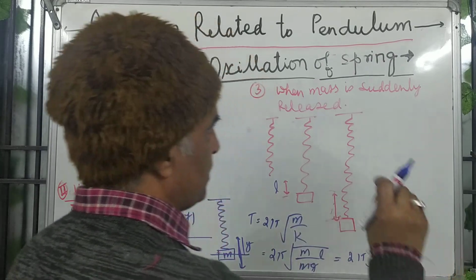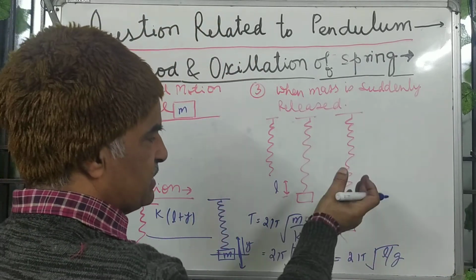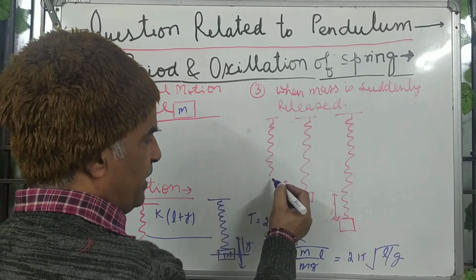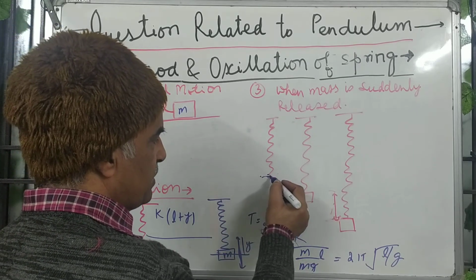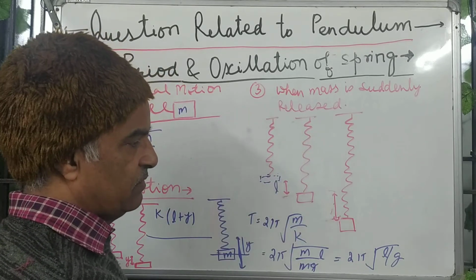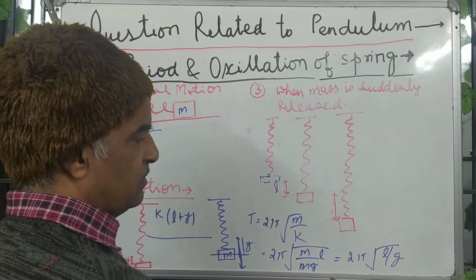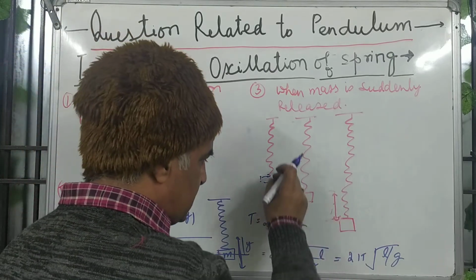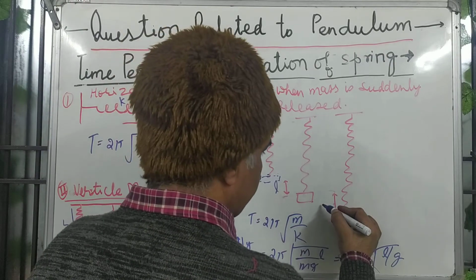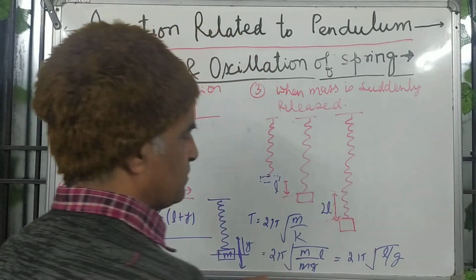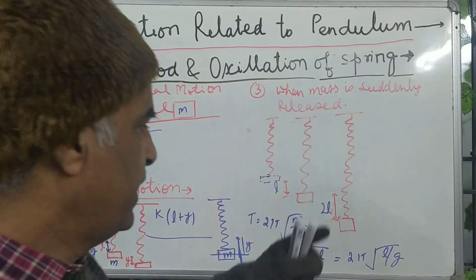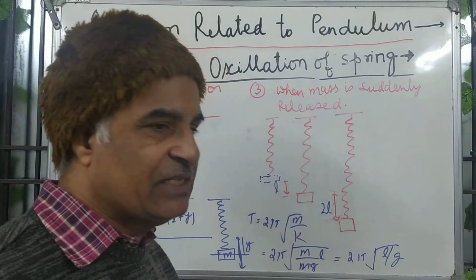But if suddenly the mass is released, this is the spring, and over here you are attaching the mass, and suddenly released. So this mass with a jerk comes downwards. Displacement will be 2L, not L, 2L, and it will not stop.